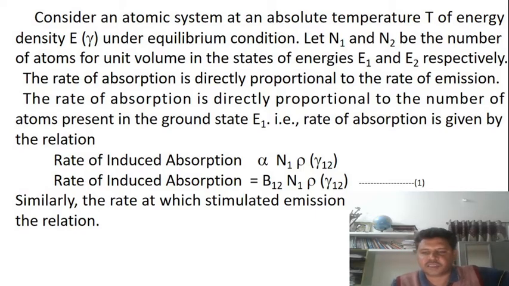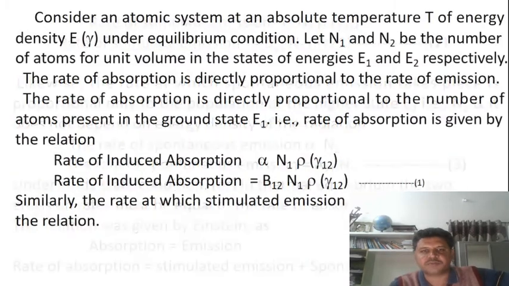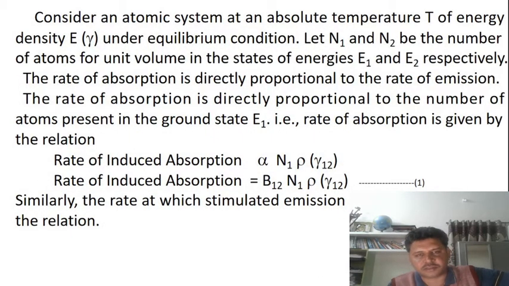Einstein explained thermal equilibrium: the rate of absorption is equal to the rate of emission. Here, rate of absorption means induced absorption. It explains how many electrons take part in the induced absorption and what energy density each has.